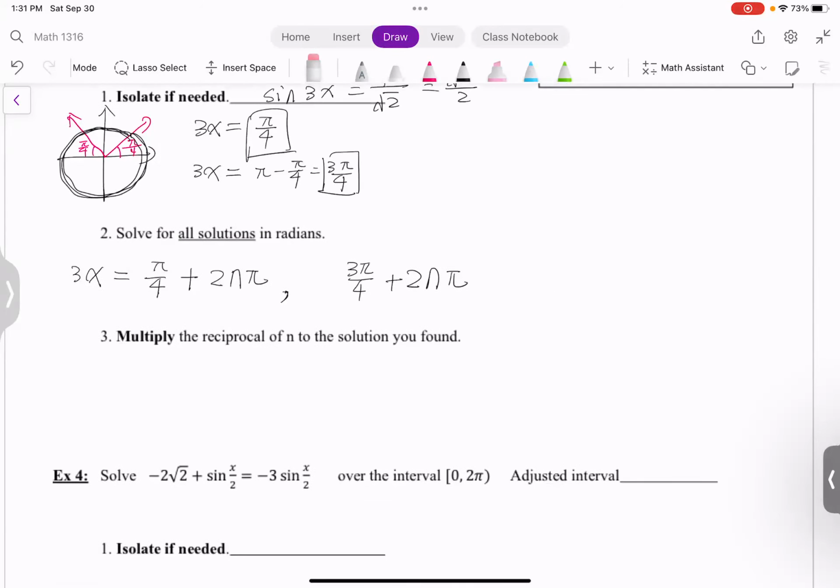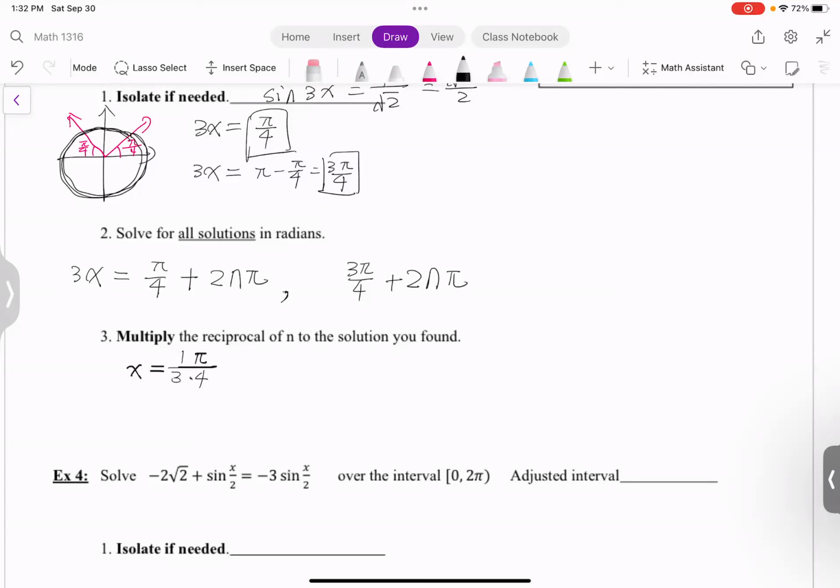Now I need to find x. I need to divide by 3, everybody. Divide by 3. So what is that? If I divide by 3 or multiply by 1/3, x equals 1/3 times pi over 4.